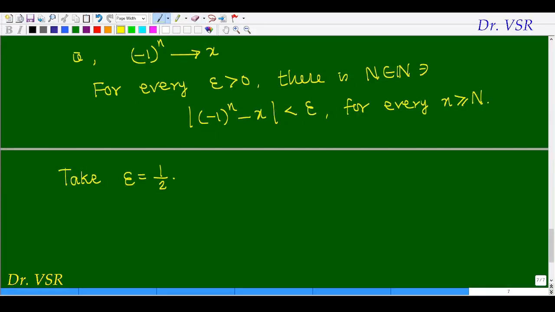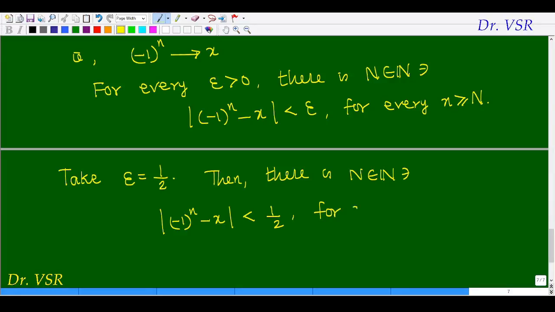So taking epsilon equal to 1/2, there is n belongs to natural number such that modulus of minus 1 the whole power n minus x is less than 1/2 for all n greater than or equal to natural number n.